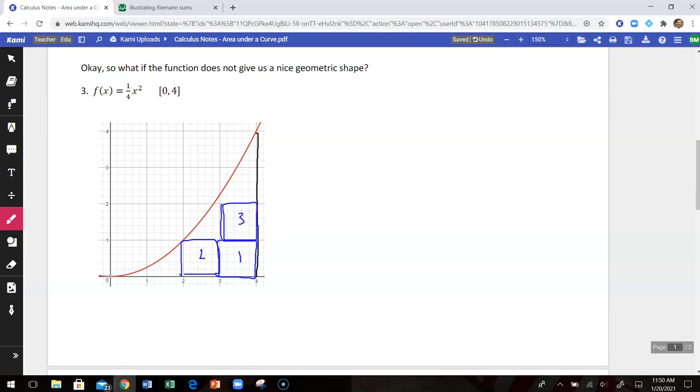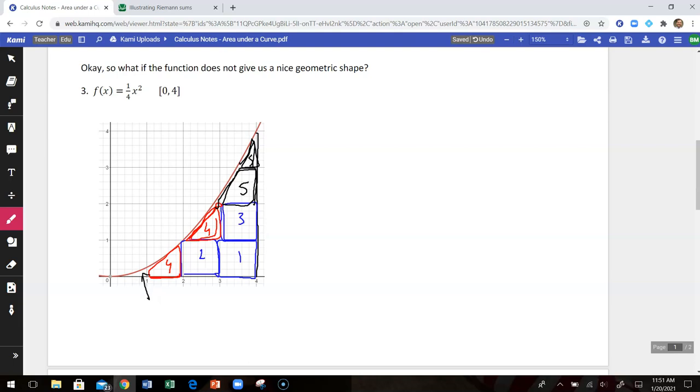But then I start to have these boxes where I don't have a complete box, right? So maybe if we took this one right here and this one right here and added those together, maybe those together would give me 4 units. And then maybe I could take this one right here with this one right here, and adding those together would be pretty close to another unit, and that might give me 5.